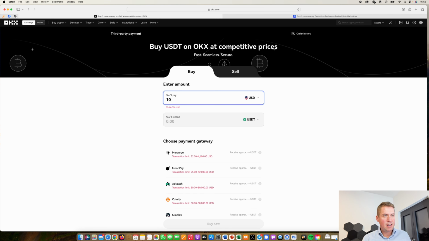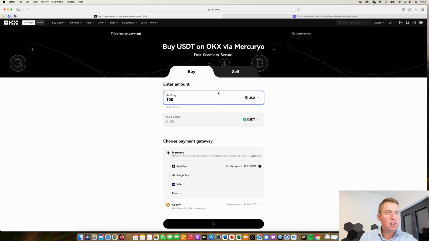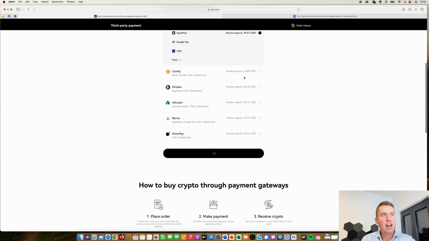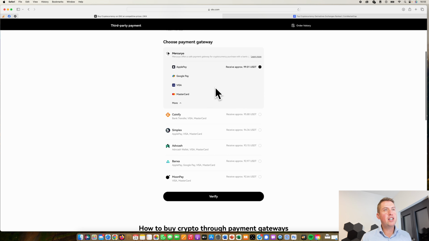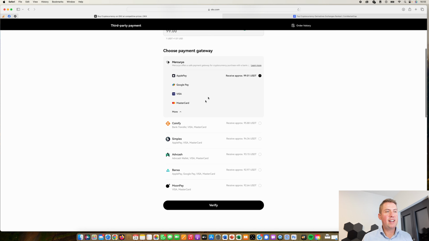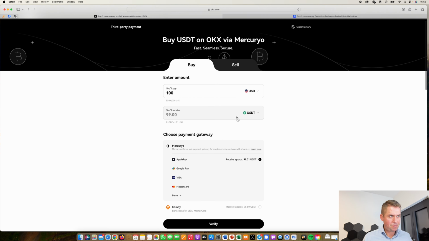Let's say I want to deposit 100 USD. You can see here I would usually get around 95, 96 USDT, so I would almost always pay a fee of 4% or more. Here they claim it's just 1%. However, if you do the whole verification here, it would also end up with 4% fees. So I can't really recommend that.